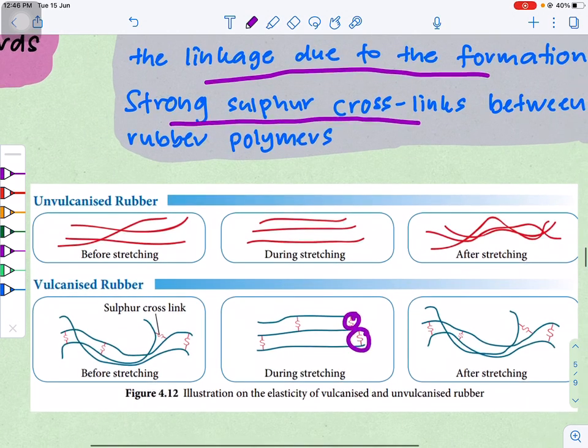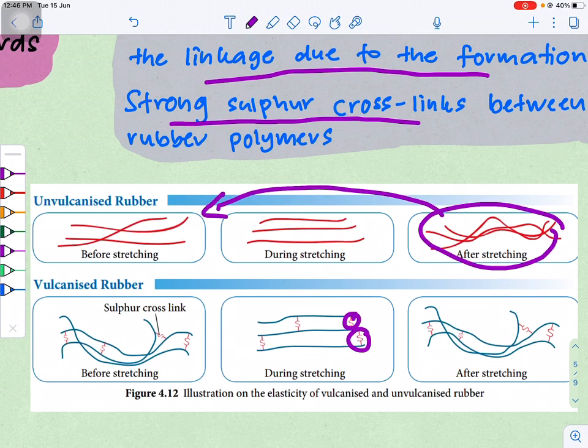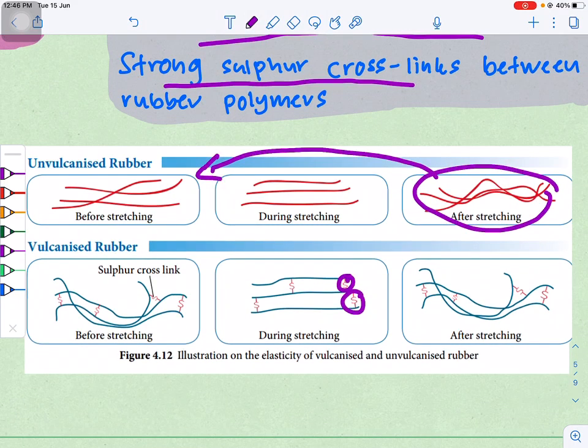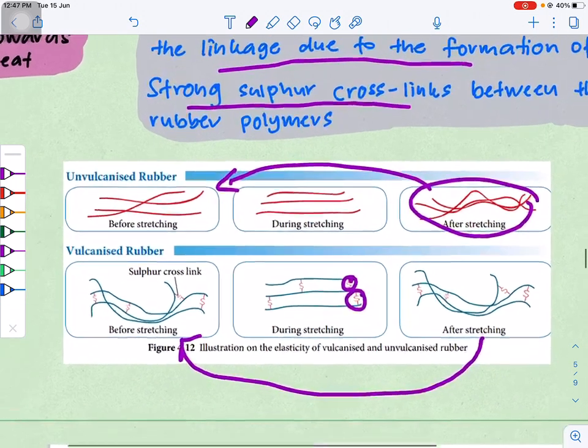So bila kita release for overstretching, kalau unvulcanized rubber yang overstretch, tarik kuat sangat, bila kita release, dia akan memanjang daripada its original. Okay, but for the vulcanized rubber, even though we overstretch, dia same before and after stretch. So maksudnya dia tak ada beza lah. Kalau tengok gambar pun nampak jelas how is described.